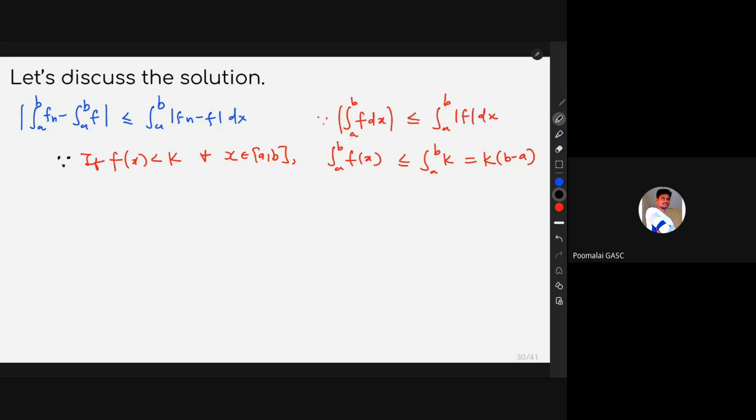Using this second fact, I can further bound.